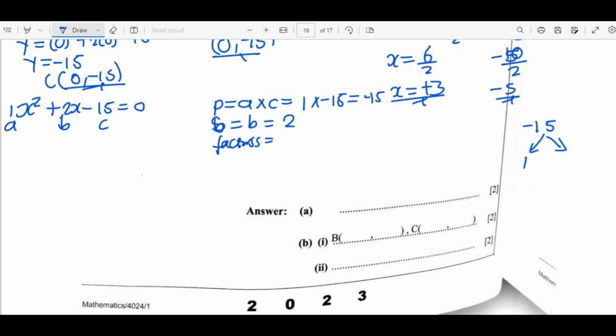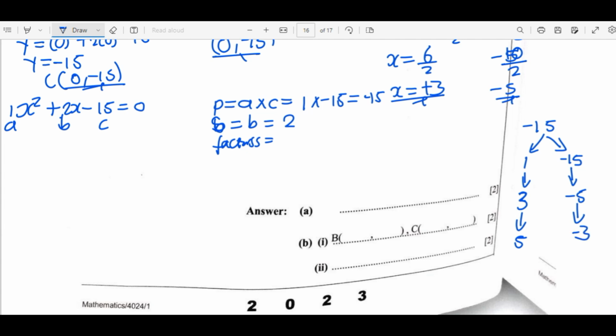The first one is 1: 1 times negative 15. Then 2 can't go, so it's 3: 3 times negative 5. The next one is 5: 5 times negative 3.